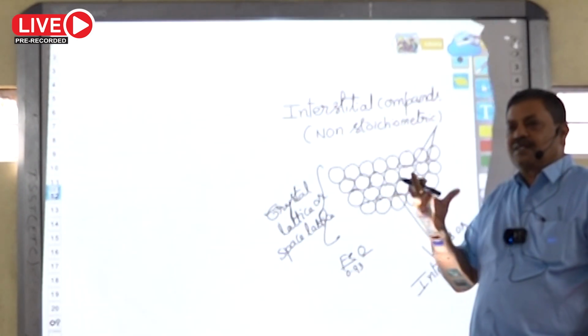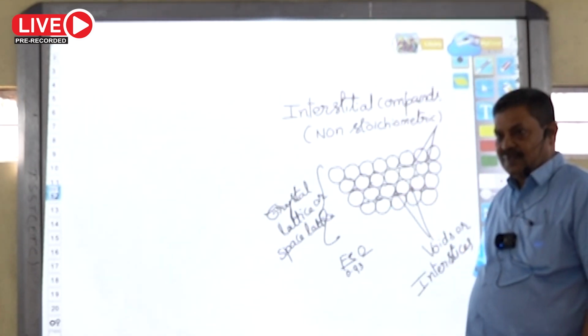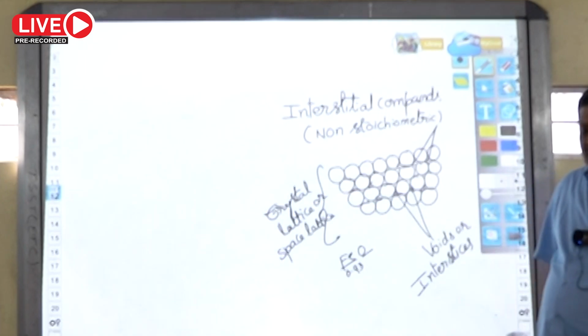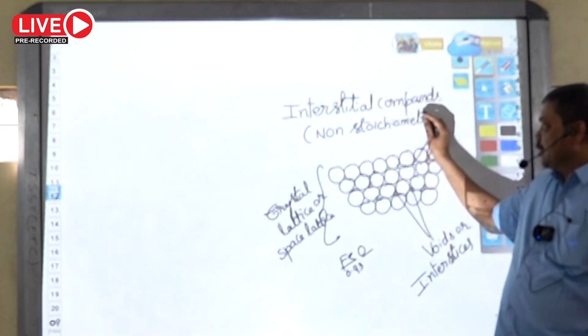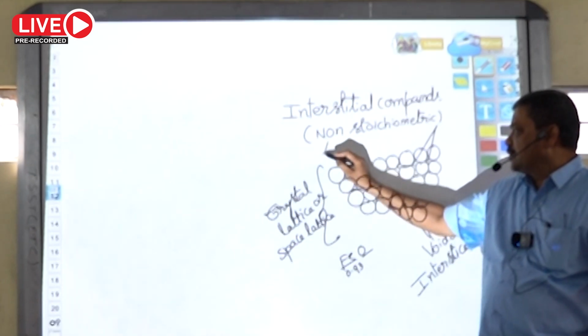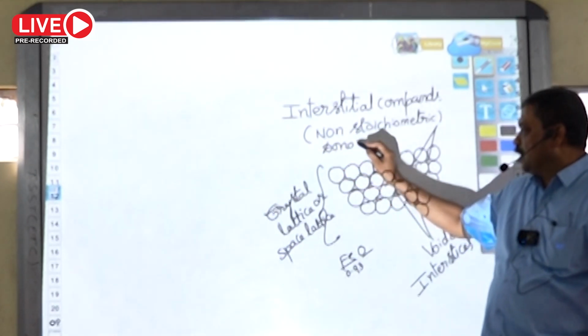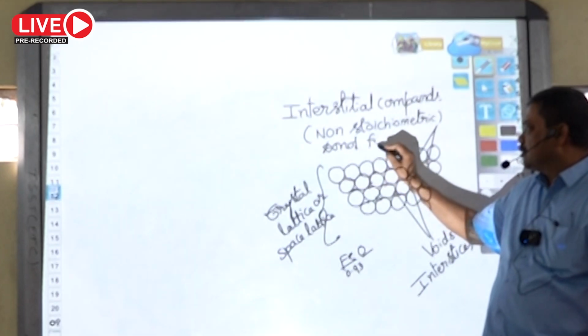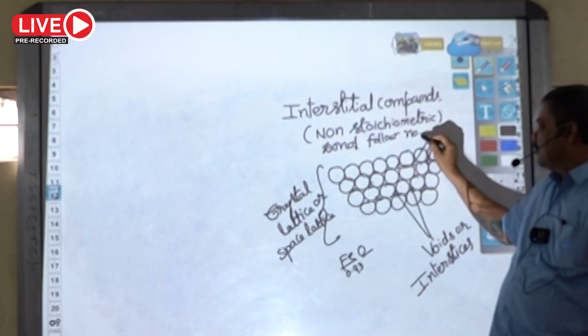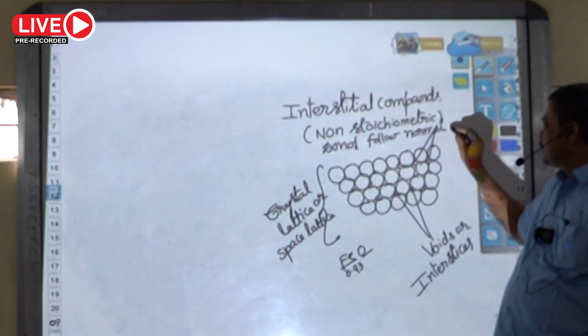So formulas are different. Fractional formulae will be there. So they are called interstitial compounds, which do not follow normal valency rules.